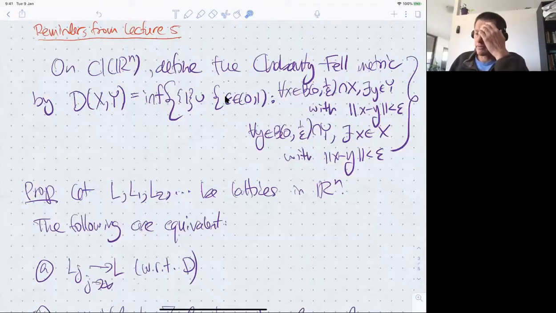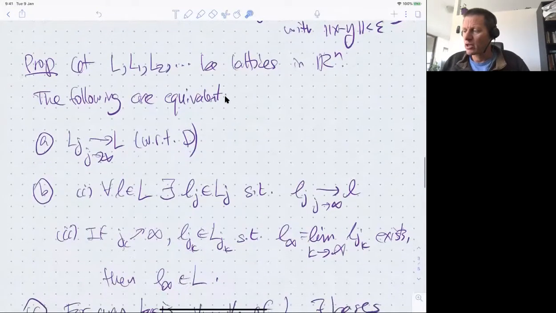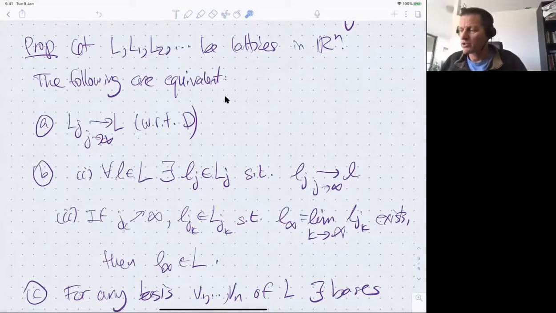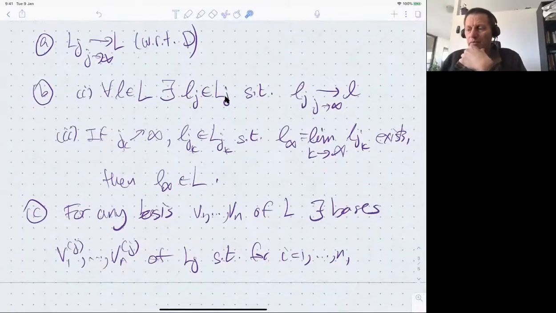In the exercise sheet, you actually verified that it's a metric, and then we had some necessary and sufficient conditions for convergence with respect to this metric for lattices. I'm just reminding you of things from the last lecture. So Lj is a sequence converging to L. I'll be using this index j because n is reserved for the dimension.